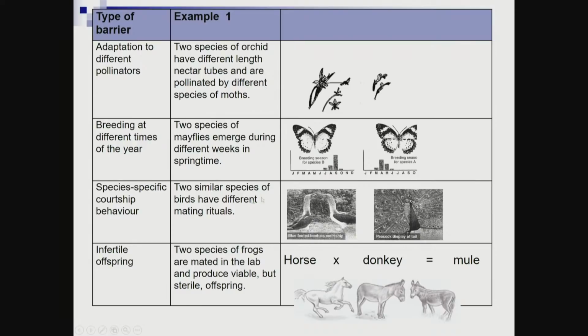So if you learn this, apply some examples of what is species-specific courtship and what is breeding at different times, so that learners can identify it and name the isolation mechanism.